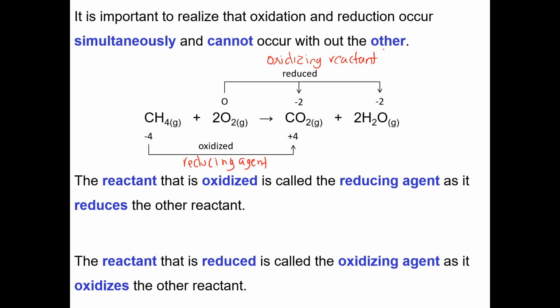And even though we might write half equations, it's important to realize that oxidation and reduction don't occur individually, they occur simultaneously, and the electrons move from one reactant to another due to the presence of the second reactant. That's why we say that the reactant that is oxidized is the reducing agent, as it causes the other reactant to be reduced. And similarly, the reactant that is reduced is called the oxidizing agent because it causes the other reactant to be oxidized.